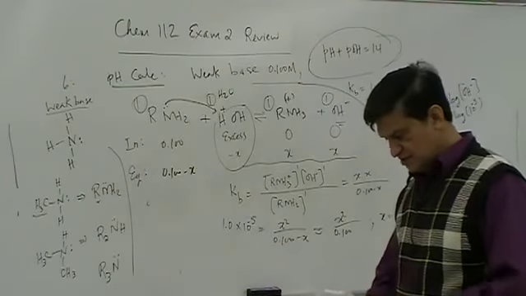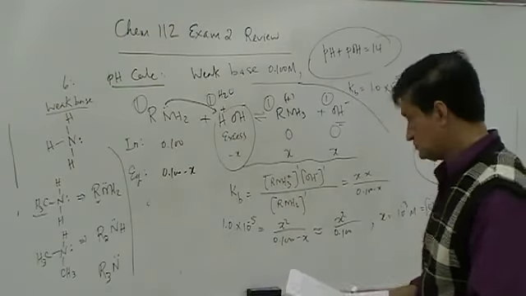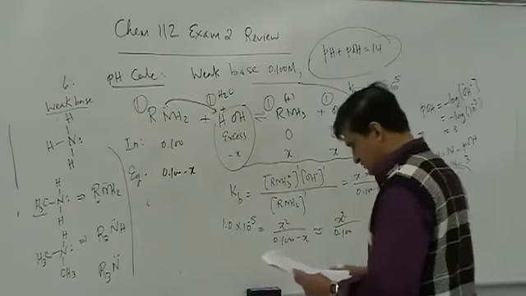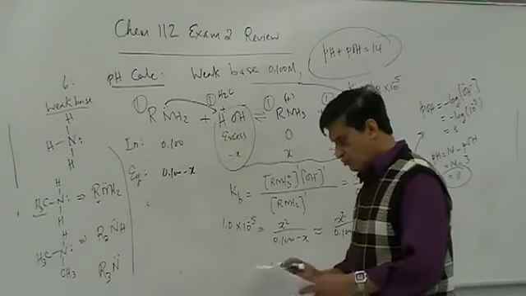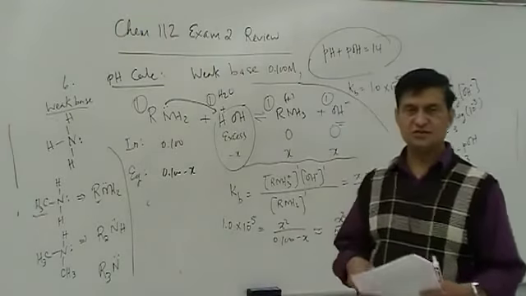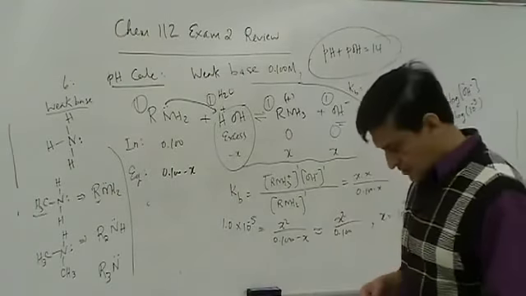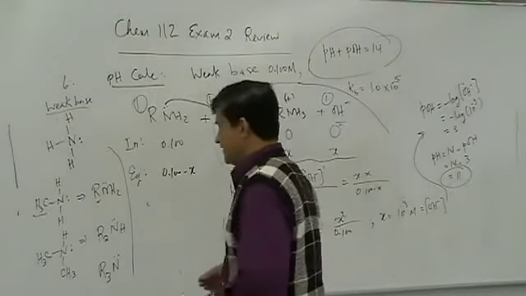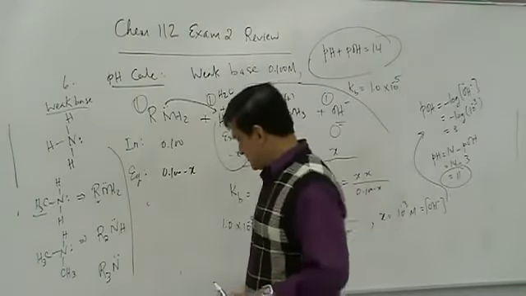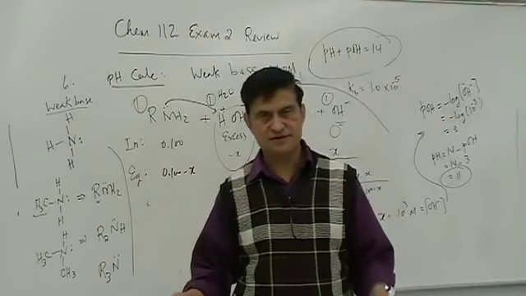And these are all similar problems. My next problem would be a qualitative one. That means without doing any calculation, can we say which solution is acidic, which is basic, and which is neutral, especially when you have a salt. Now in chemistry, a salt means we should have an acidic part and a basic part.